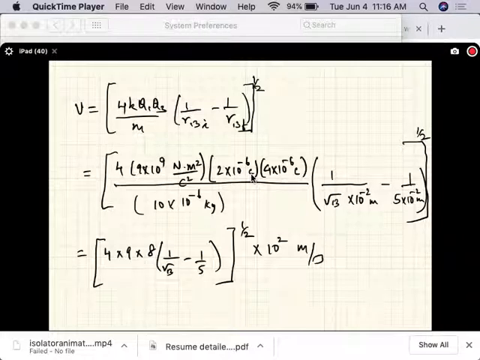I'm assuming I'm correct. So what I get is 472 meters per second.